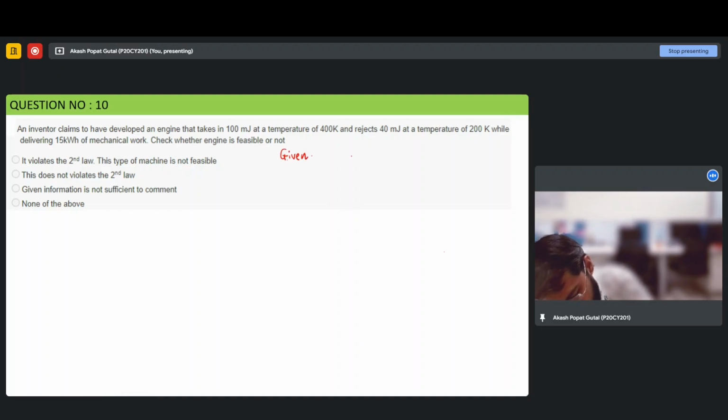The heat taken is 100 millijoule at 400 Kelvin and heat rejected is 40 millijoule at 200 Kelvin.